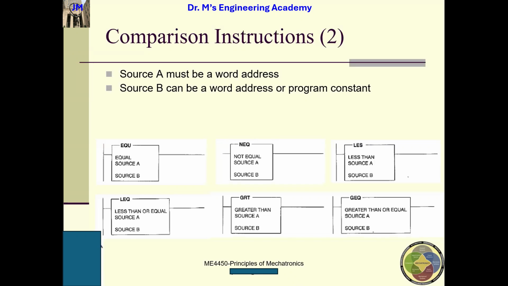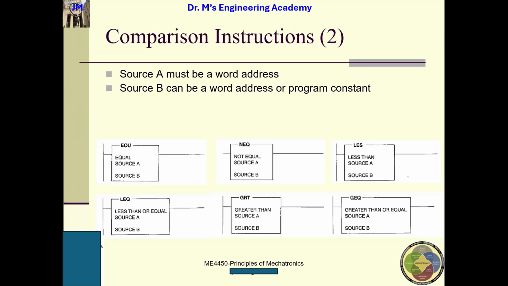So for comparison instructions, here are several examples. You can see these six instructions, and they are used as input instructions, right? If the condition is met, I'm going to do something else.